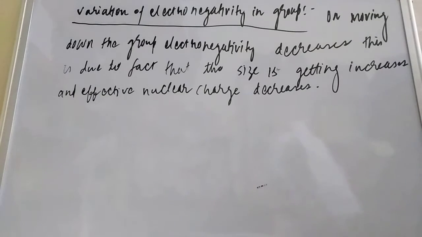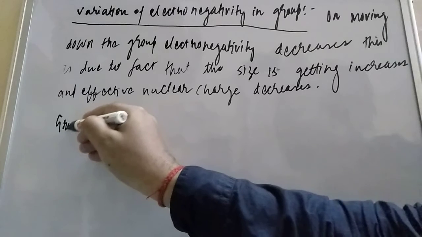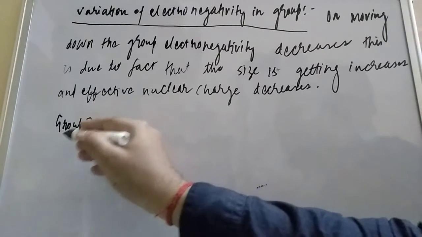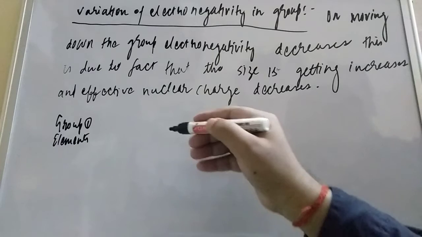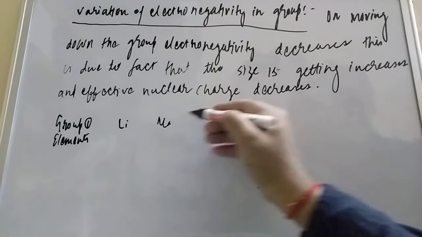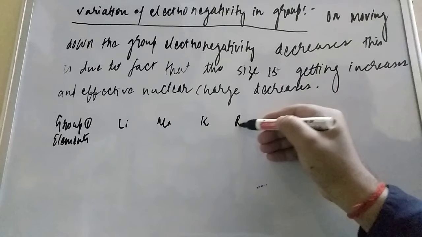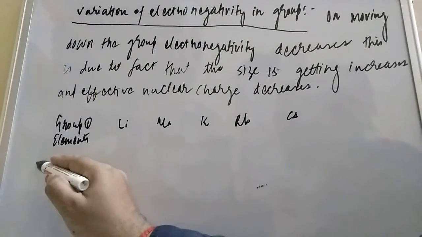So let us see with the help of an example. The values are already given. Suppose you are going in group number 1. You take the elements of group 1: lithium, sodium, potassium, rubidium and cesium. Next is electronegativity.